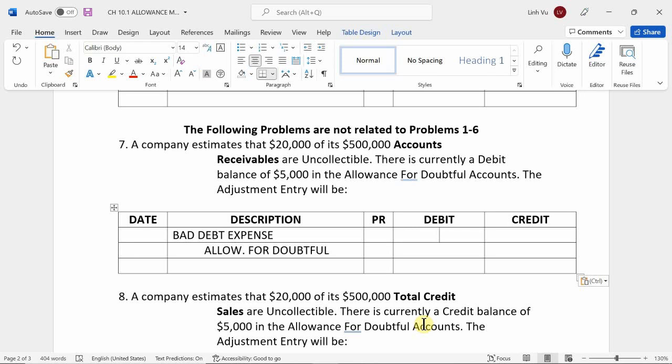Oh, we add. So in this case, we're going to have 25,000. Yes.